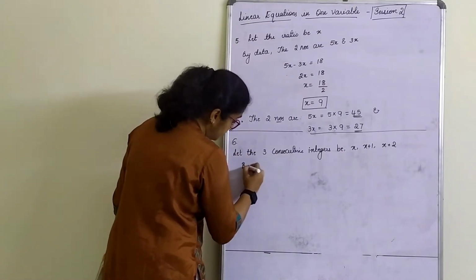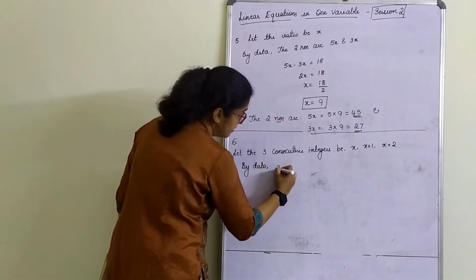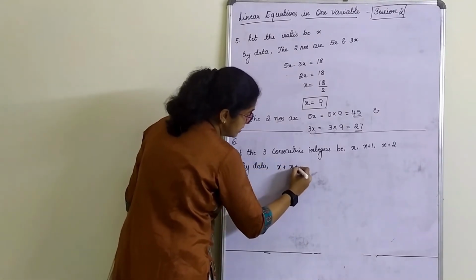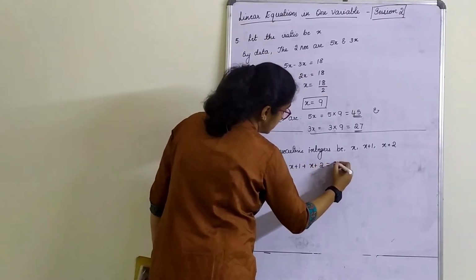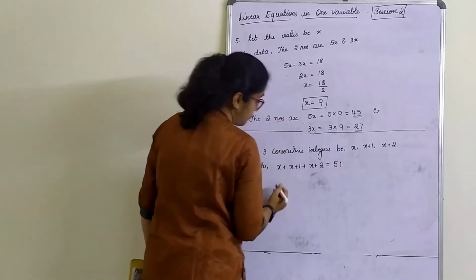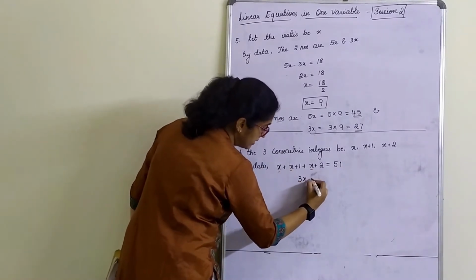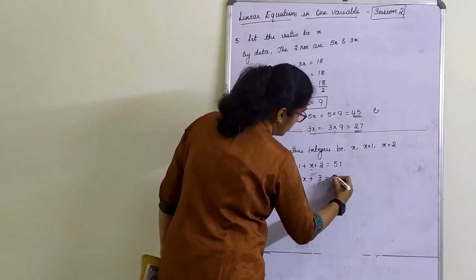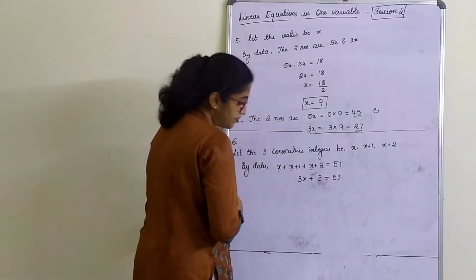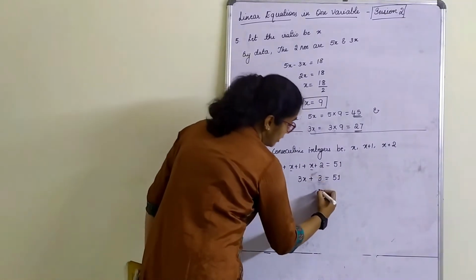By data, let's add them. x plus x plus 1 plus x plus 2 is equal to 51. So x term and x term, 3x plus 2 plus 1 is 3, is equal to 51. So we got here 3x plus 3 is equal to 51.